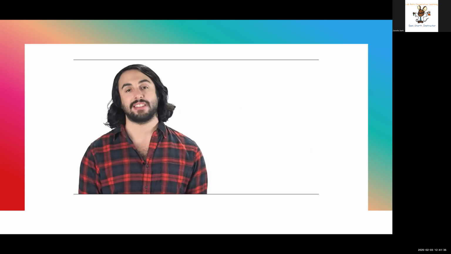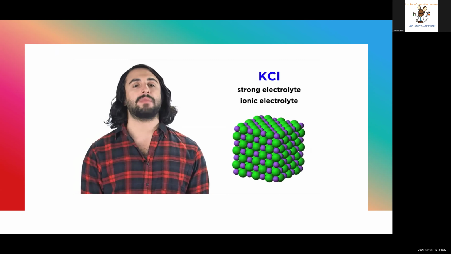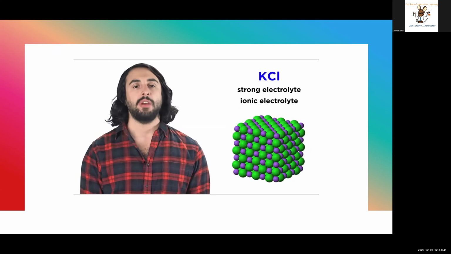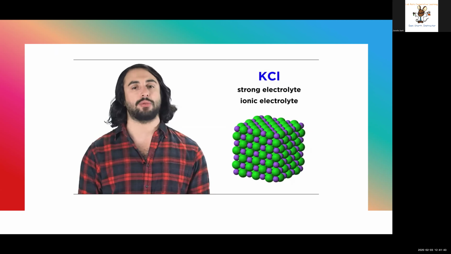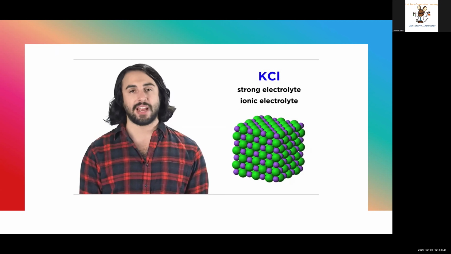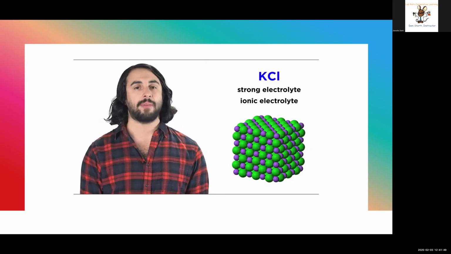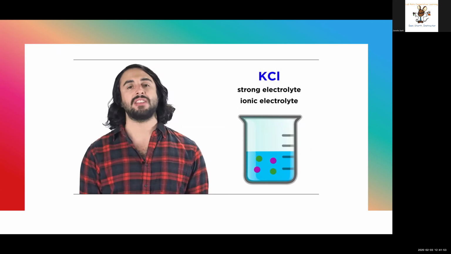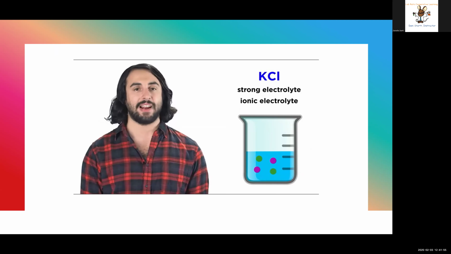Let's categorize electrolytes a bit further. Something like potassium chloride will dissociate entirely, so it is a strong electrolyte. It is also an example of an ionic electrolyte. These are ionic compounds that will dissociate in aqueous solution to give individual cations and anions.